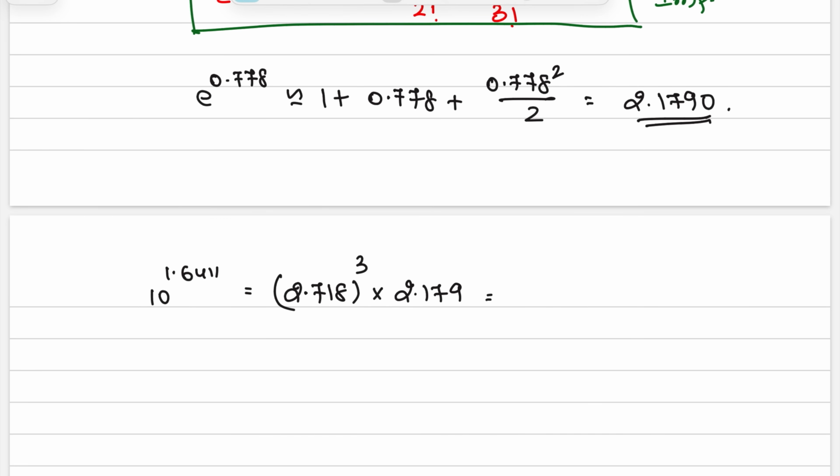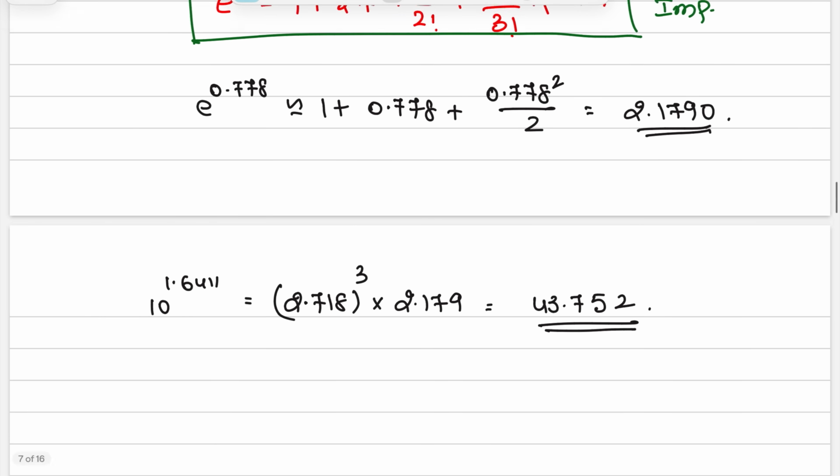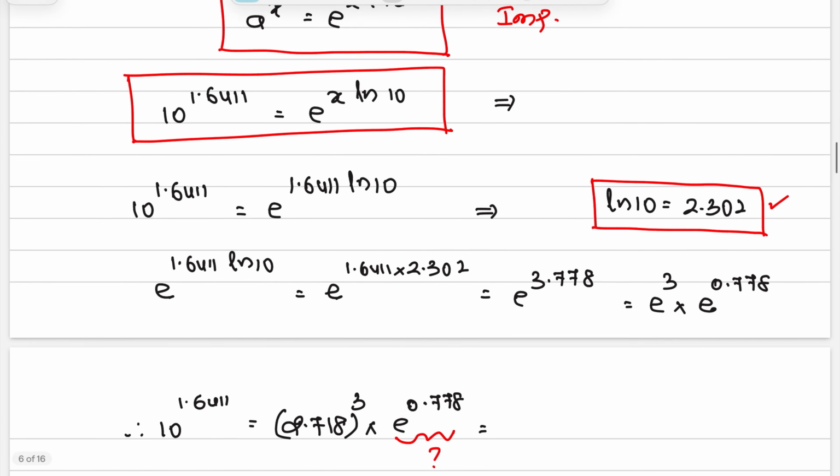These simple calculations you can very easily do.